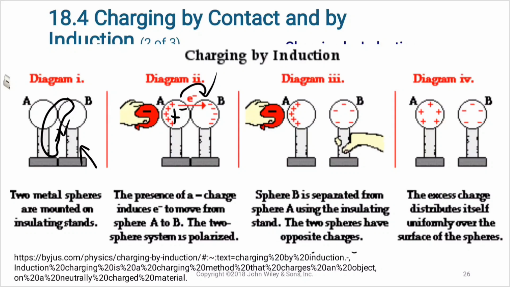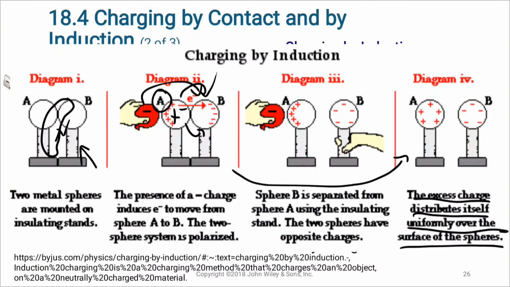So if you're going to charge B without directly touching it, with the use of maybe a balloon, then you simply charge A, and the excess charge can be grounded through sphere B. With that, if you proceed to diagram 4, the excess charge distributes itself uniformly over the surface of the spheres.